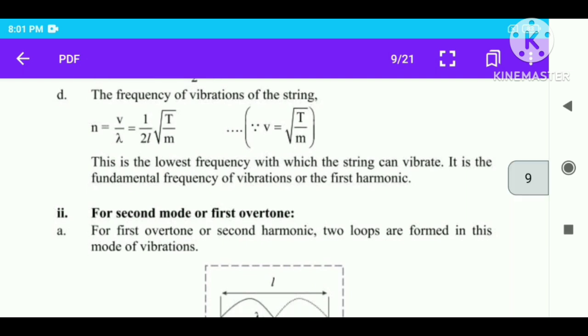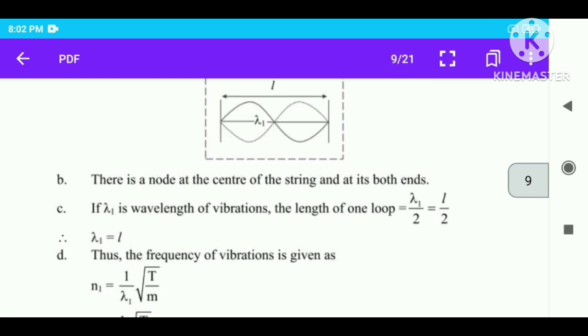Second, the second mode or first overtone. For the first overtone or second harmonic, two loops are formed in this mode of vibration. Diagram. B: There is a node at the center of the string and at both ends. C: If lambda 1 is the wavelength of the vibration, the length of one loop lambda 1 divided by 2 is equal to L by 2.